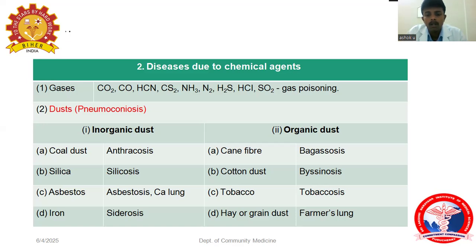And then there is cotton dust, which is present when the cotton is harvested, and it is called byssinosis. And we have tobacco, leading to tobacco-related disease, and the last one is from agriculture, that is hay or grain dust, that is causing something called farmer's lung.